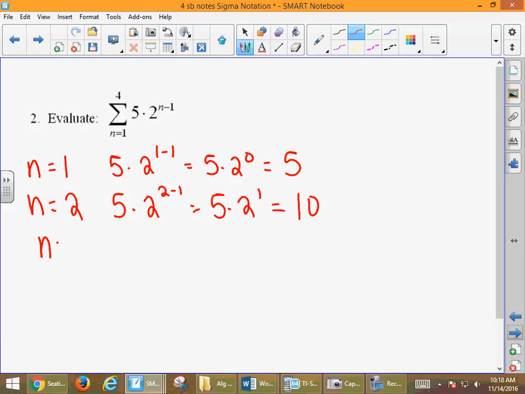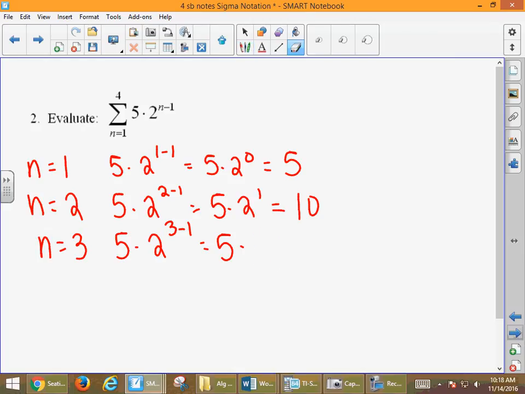Moving on to our third term, this is going to be 5 times 2 to the 3 minus 1, which is 5 times 2 squared. 5 times 2 squared gives us 20.